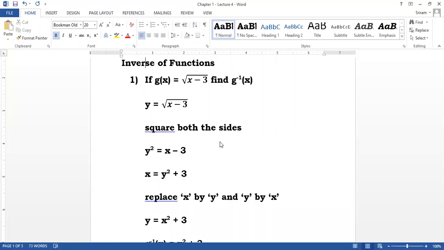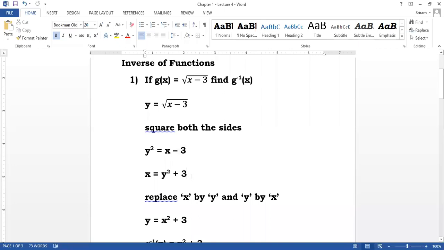This y will become y squared, the root will get cancelled, and this will become x minus 3. Now I am going to find the value of x. So x is equal to y squared, and I take this minus 3 to the opposite side, which will become plus 3.